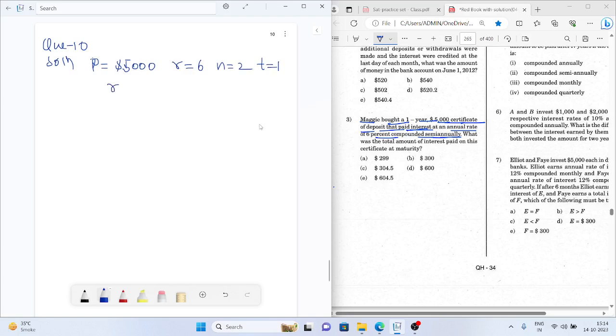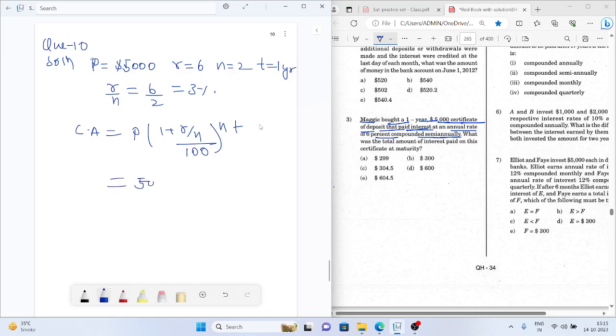So first we calculate the effective rate of interest, which is 6 by 2, 3%, right? Now first we calculate the compound amount, then we calculate the compound interest by subtracting the principal amount from the compound amount.